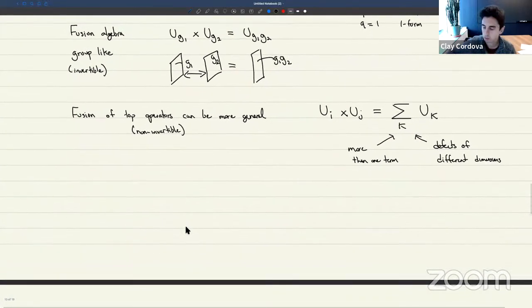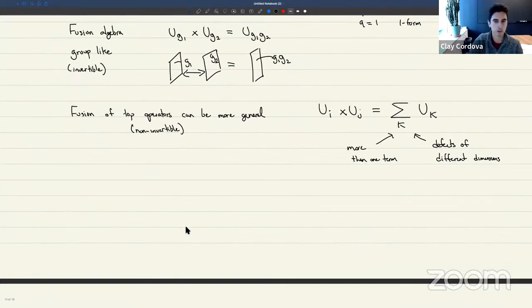Okay, so we are not the first people to think about this kind of mathematical structure. There are some prominent examples. Let me run through them.